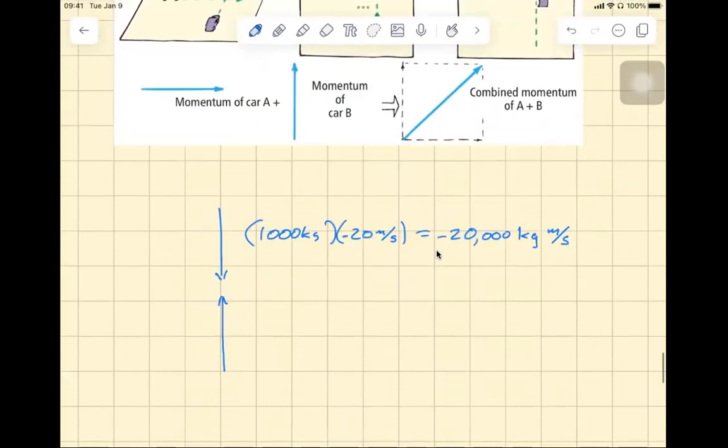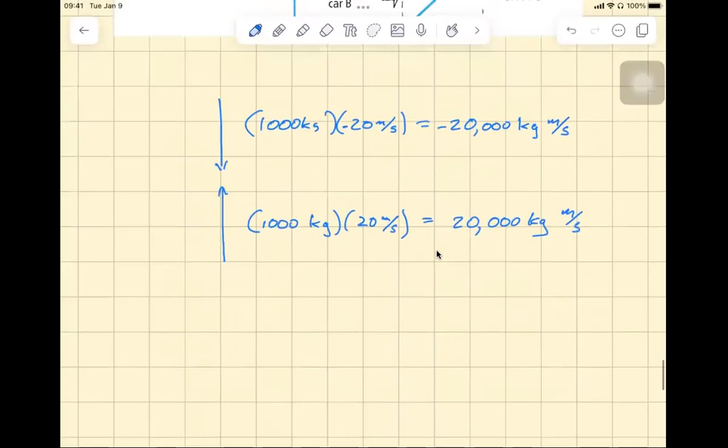And this is 1,000 kilograms times 20 meters per second in the upward direction. So that's equal to 20,000 kilogram meters per second. Well, the total momentum afterwards is going to be 20,000 kilogram meters per second minus 20,000 kilogram meters per second. And that's going to equal 0 kilogram meters per second.